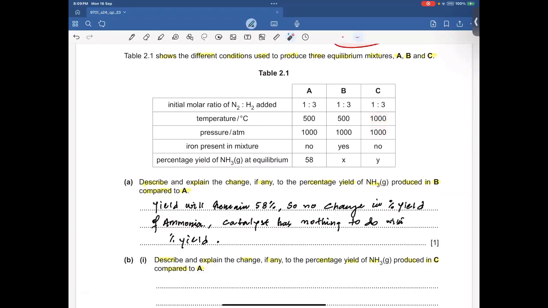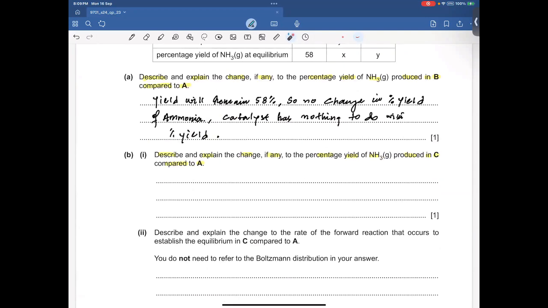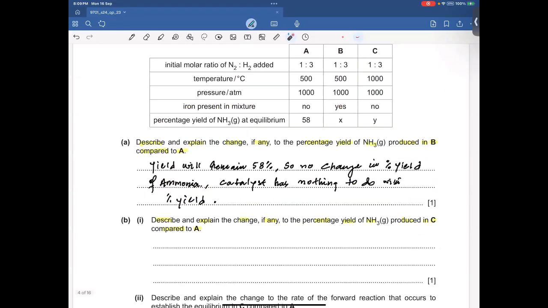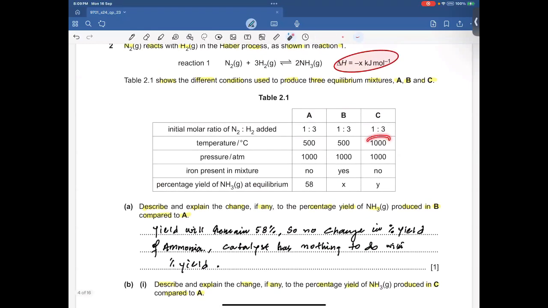So, okay, percentage yield of ammonia produced in C, if temperature is increasing, obviously, initially the temperature was 500 degrees Celsius. Now they have changed the temperature to 1000 degrees Celsius. So I'm increasing the temperature in equilibrium mixture C, right? And since the reaction is exothermic, if we increase the temperature in an exothermic reaction, equilibrium favors the left-hand side. If equilibrium favors the left-hand side, obviously the yield of ammonia decreases.